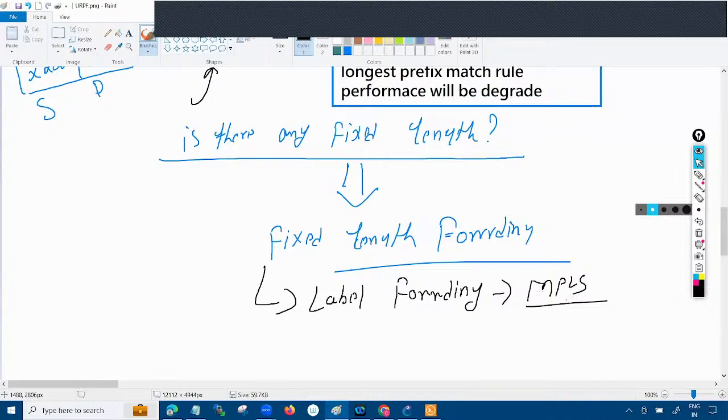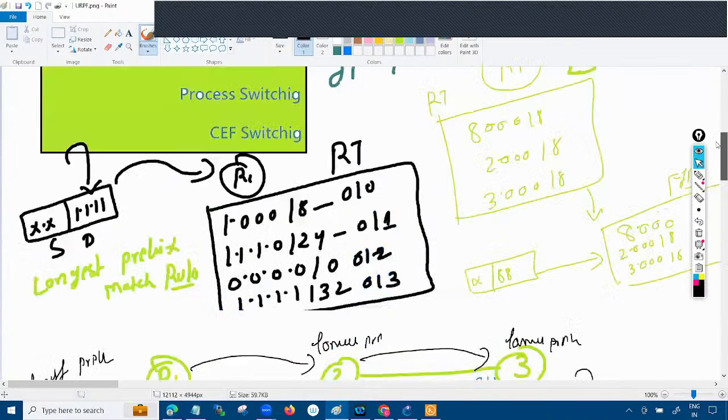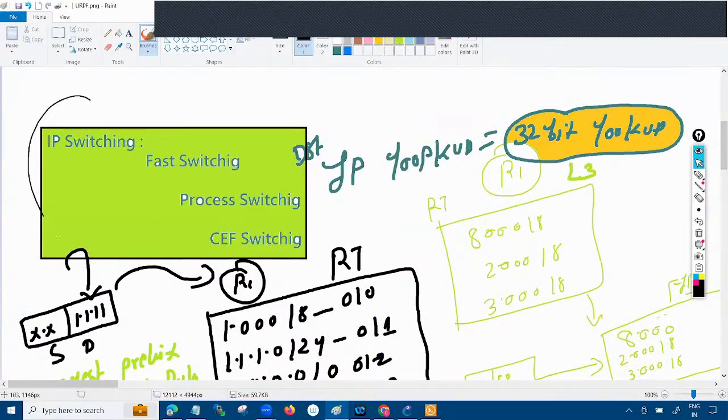One more thing: this is not a protocol. Never say that this is a protocol. I have seen that many people say that CEF is a protocol. CEF is not a protocol, it's a switching mechanism.